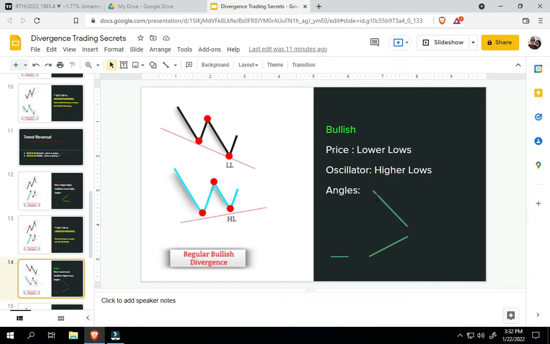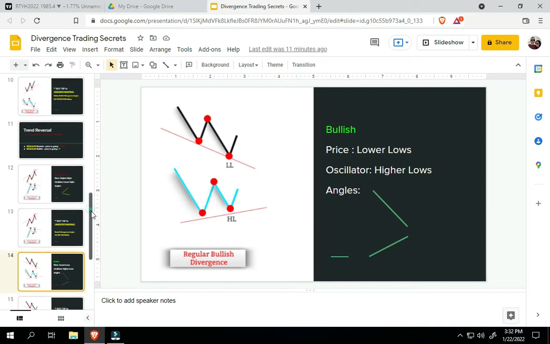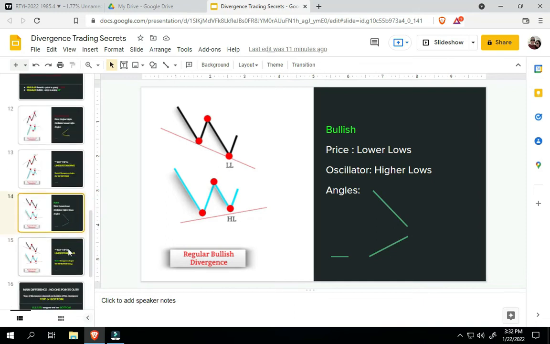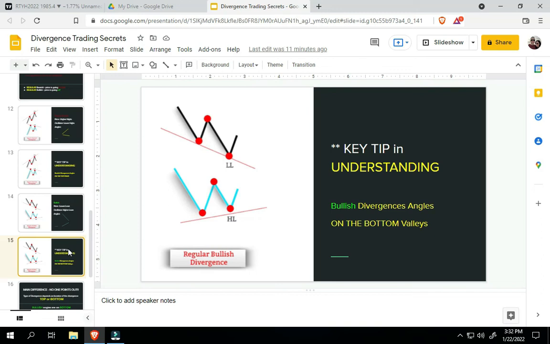And we're going to be measuring from the bottom. And you know that the bullish divergence means that the price, or the trend, is about to go up, most likely. Key tip in understanding: bullish divergences always show on the bottom valleys.